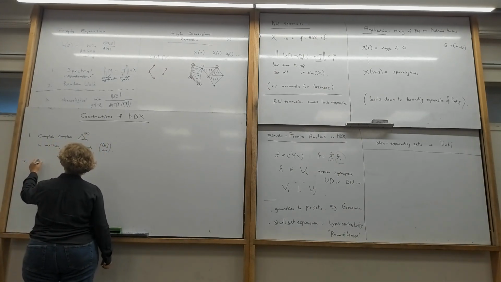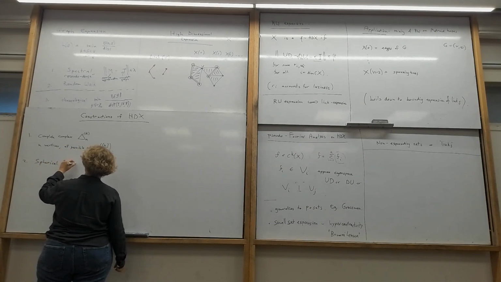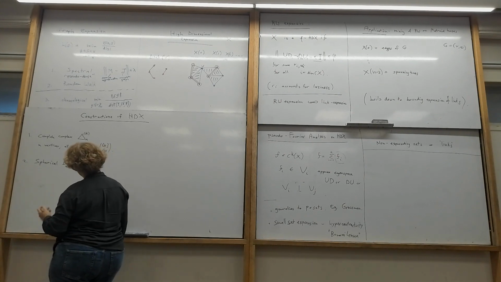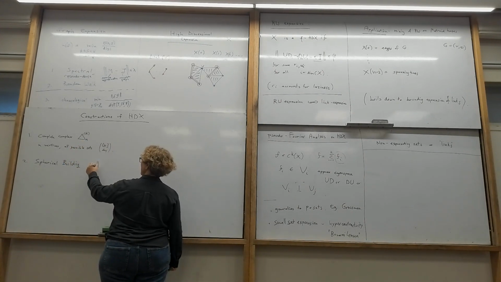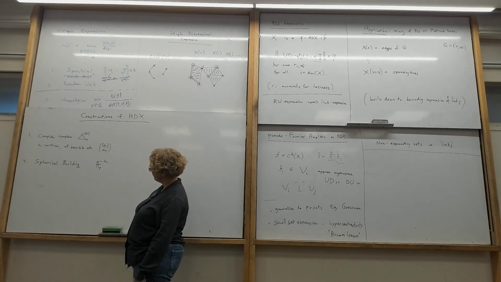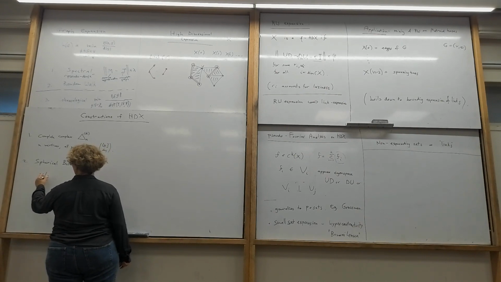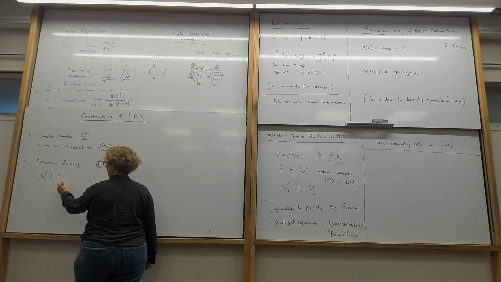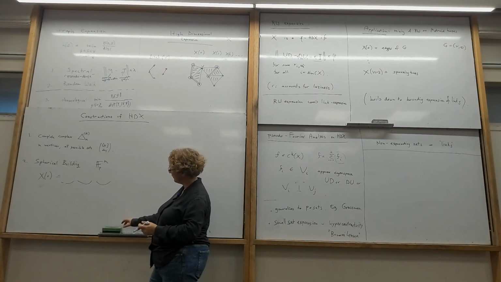Another complex that we saw was the spherical building. It's just a name. What was this? You look at a vector space over a finite field, F_p to the m, and you look at all possible subspaces. So the vertex set, X_0, has many different subsets. It's really colored. There are sets of different colors.